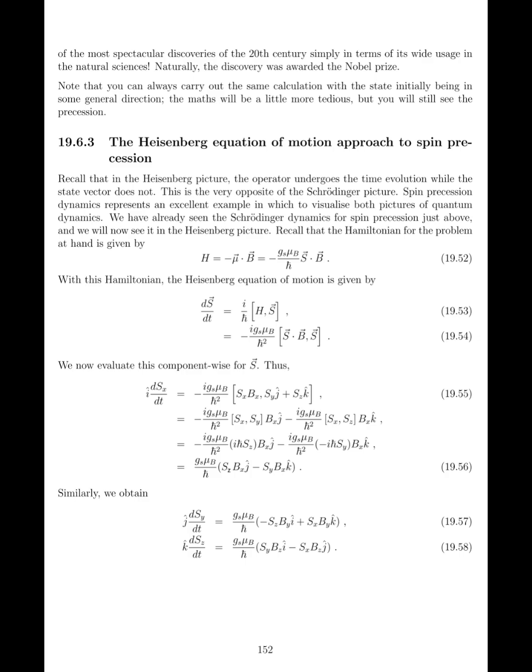Now, even if I didn't tell you everything after this, by just looking at this, are you intelligent enough to tell me what this equation will look like? Let's look at that first term. Look at that first guy and tell me what this will generalize to. You have Z of the spin vector with X of the magnetic field vector, and Y of the spin vector with X of this guy.